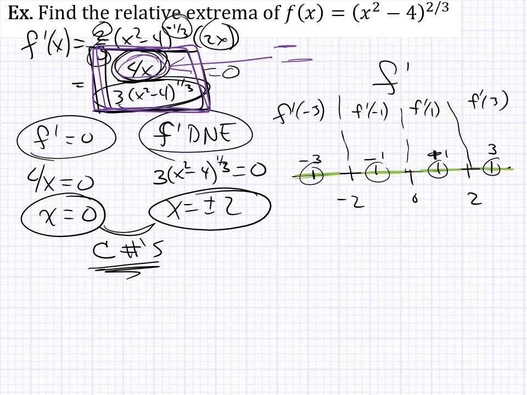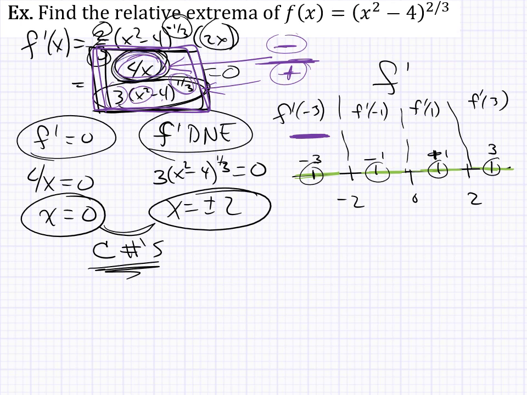If I plug -3 into the denominator, this will be 9, minus 4 is 5, positive. 1/3 power is cube root of a positive is positive, times 3 is positive, so I get a positive. Overall, I got a negative in the top and a positive in the bottom, so that would yield a negative value overall. Again, I didn't look at the actual value, but I know that the answer will be negative.